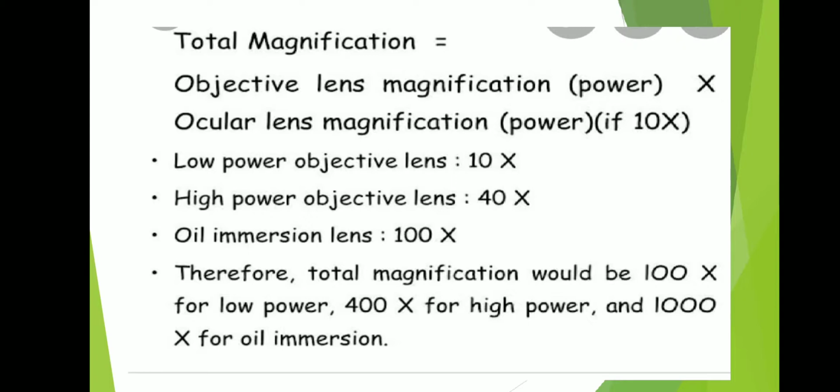If we use the high power objective lens having magnification 40x, the magnification is 400x. If we use the oil immersion lens having magnification 100x, then it gives the magnification of 1000x.